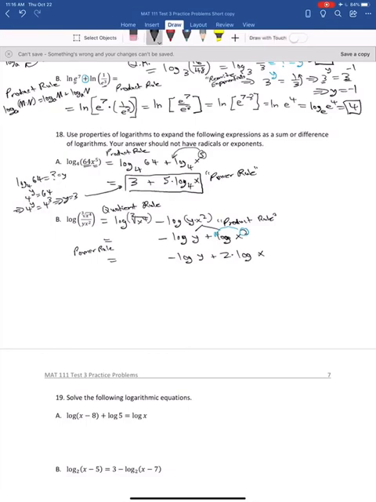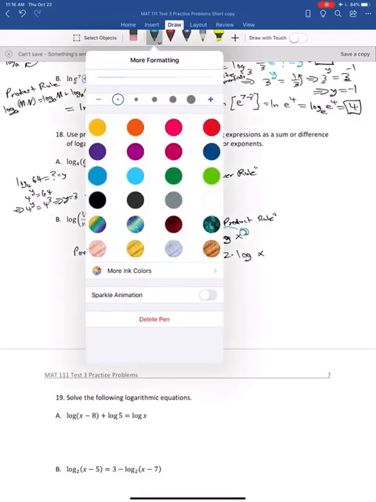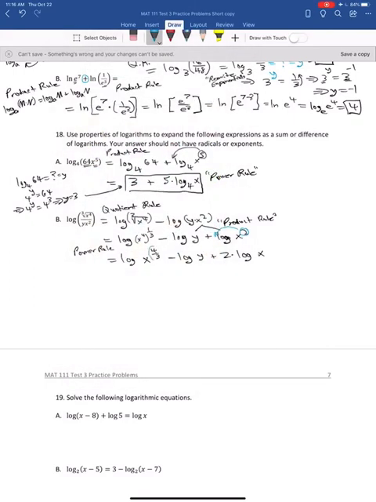Let's look back at this last one here. We have the log of x to the 4th power raised to the 1/3 power. Well, what is 4 times 1/3? That's x to the 4/3 power. So again, using the power rule, let's bring that down. I need to take care of that exponent, so we should have combined those first.